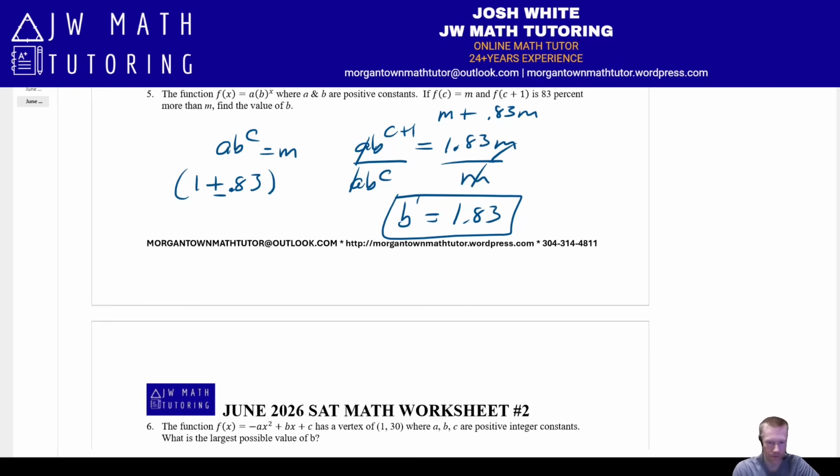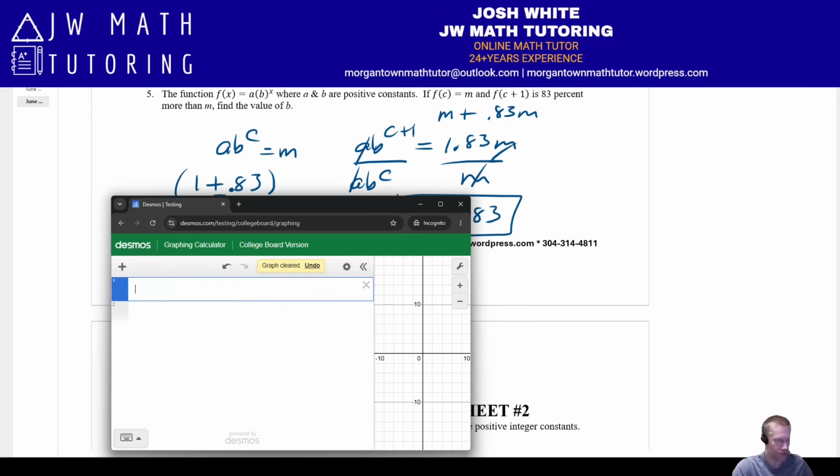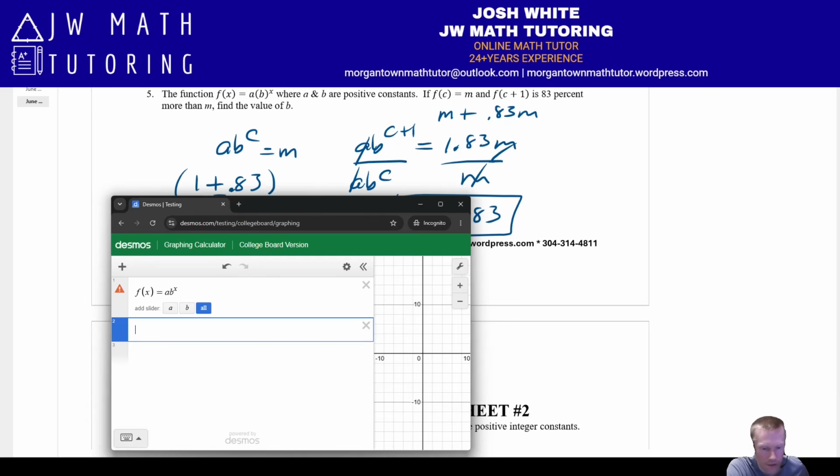Anyways, let me just show you how you could also solve this one entirely in Desmos using regression. So essentially what you're setting up here is just a system of equations. First, I'm going to define the function as ab to the x. Now, just looking at my notes here, I don't think you actually have to define values for a.